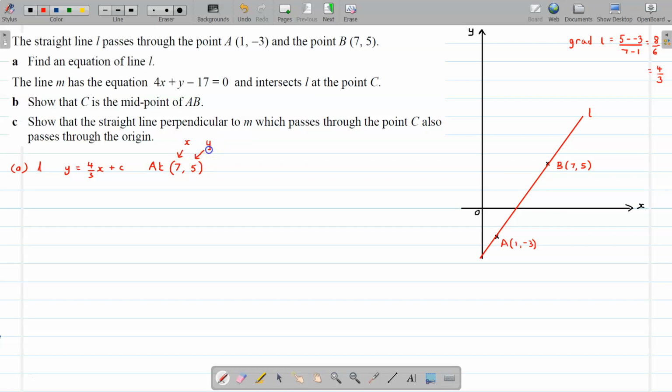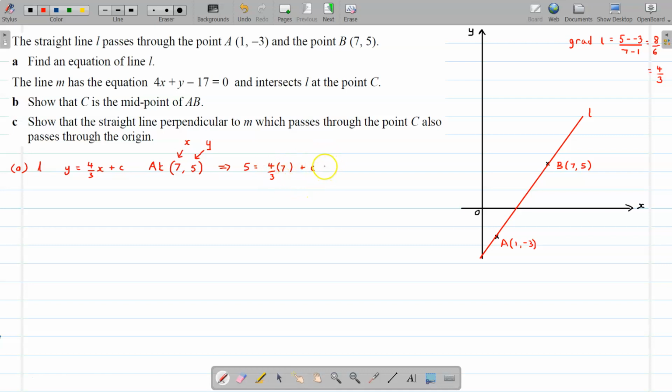So instead of using y and x in this equation, I can use 5 and 7. So I can say that 5 equals 4/3 times 7, plus this number c. And we can then use that to find out what c is.